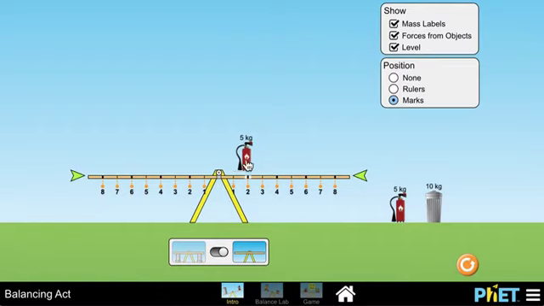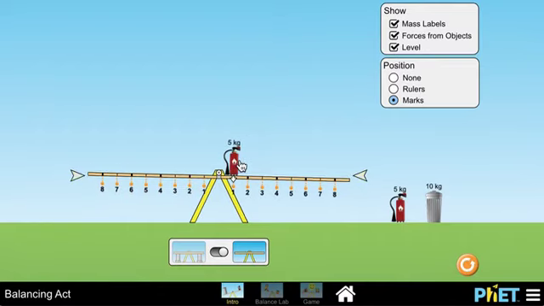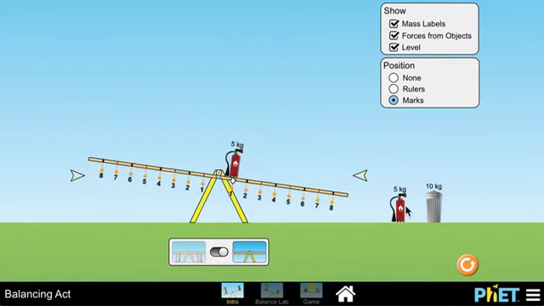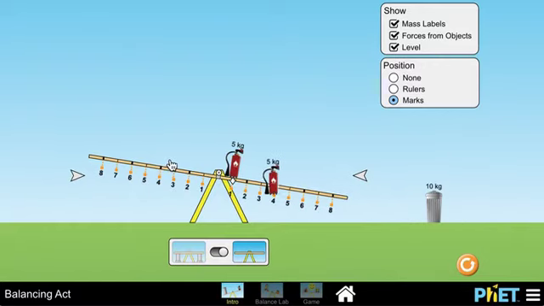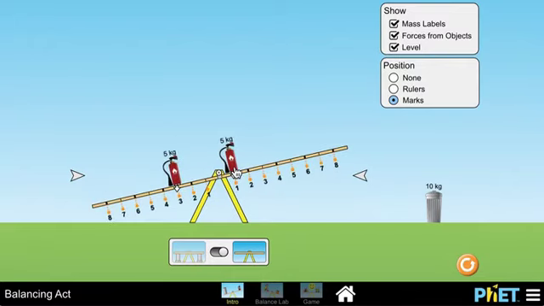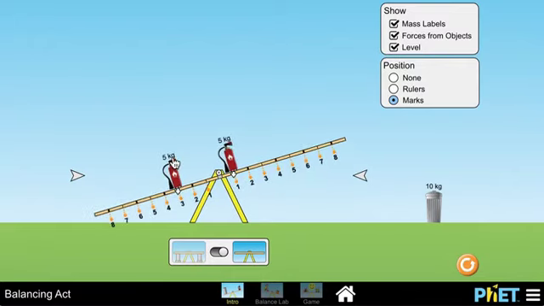And I can show that if I put this on here. So if I put something on the other side, let's just randomly put it there. So I want to lift this thing up. At the moment, the effort that I'm putting on this end isn't large enough to lift the load on this side.